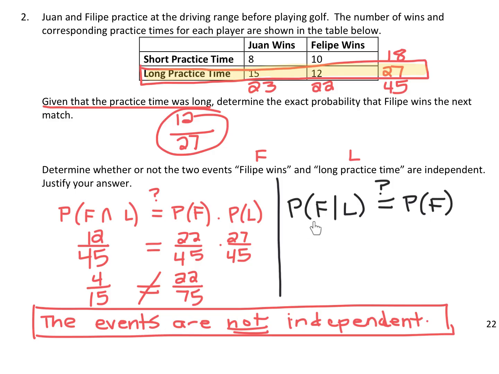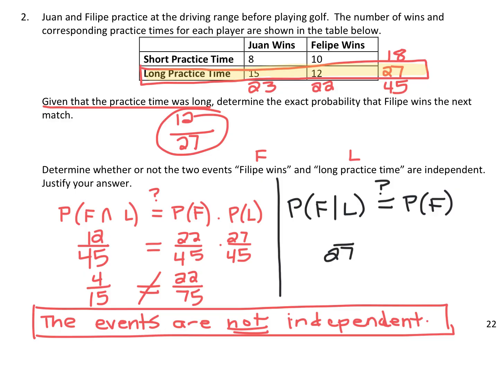Now, we already found this, right? The probability that Felipe wins given long practice time, that we already found up here in part A. But if you wanted to look at it again, the probability of Felipe winning given long practice time, so if we're given the long practice time, that happened a total of 27 times.